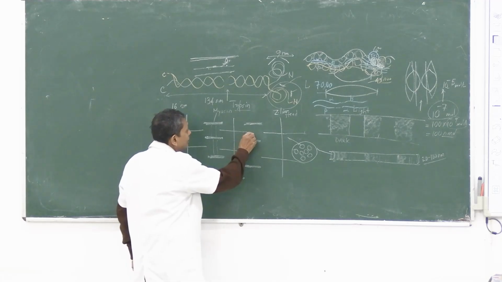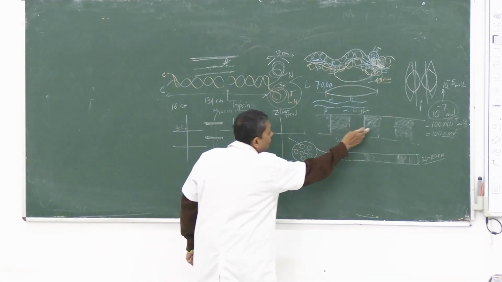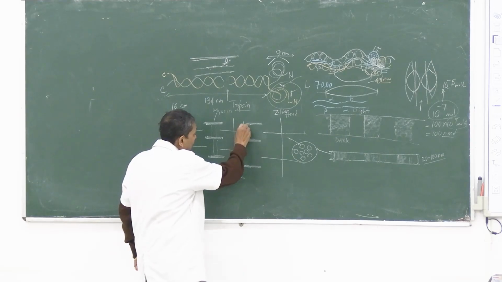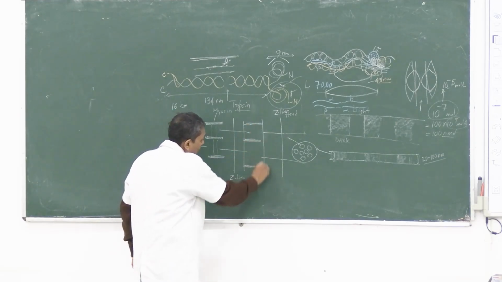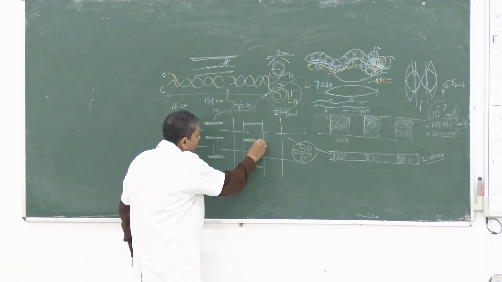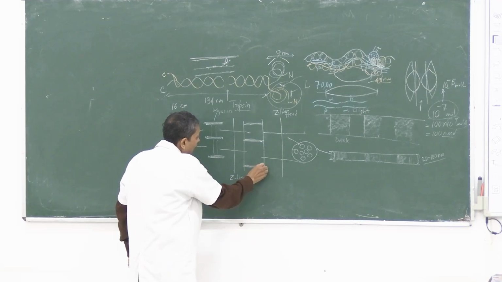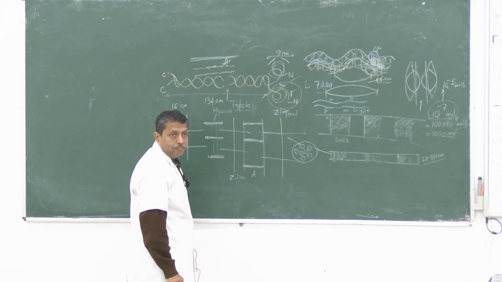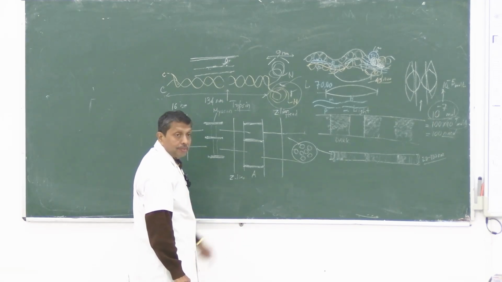And this type of band is seen together on either side, and it is called the A band or anisotropic band, simply the dark band.